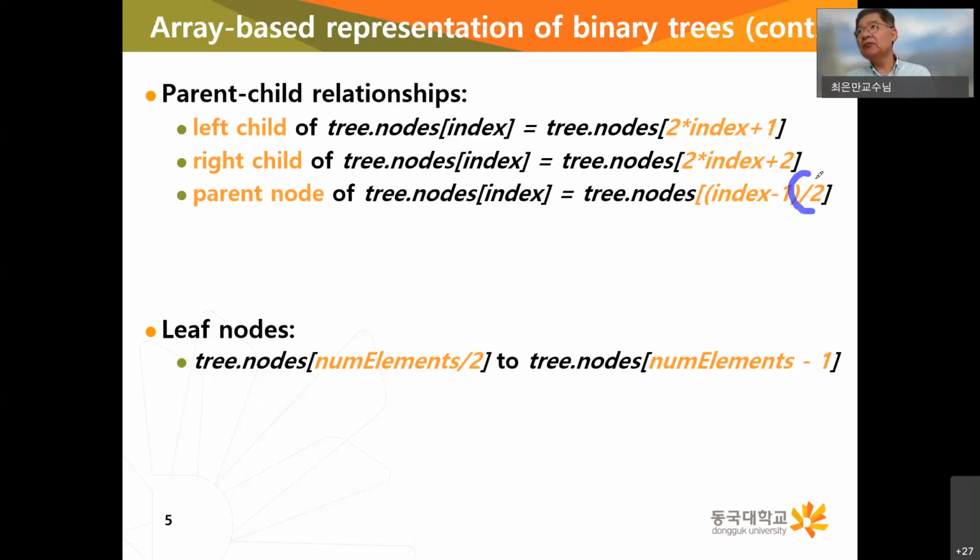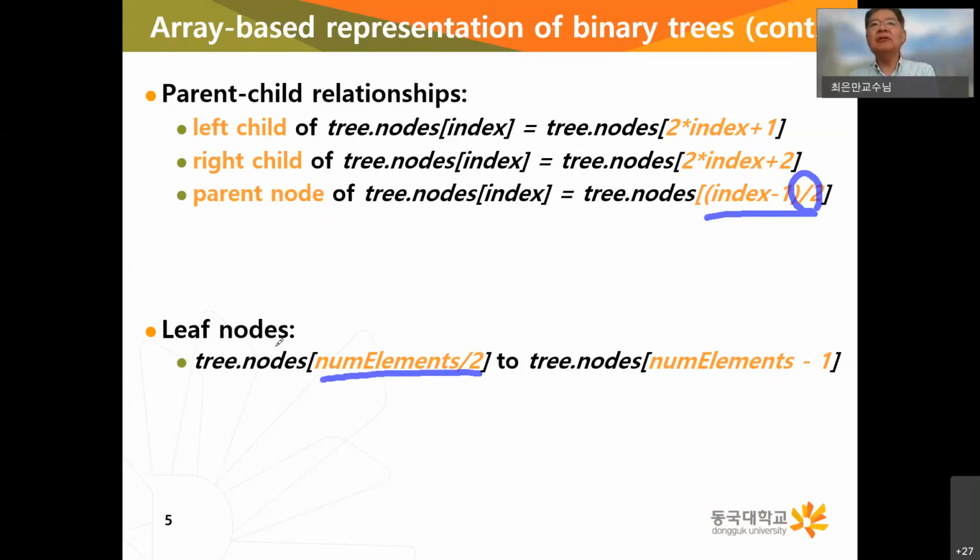You need to be careful. This one is integer division, okay? So this index should be an integer. Okay. And another one is number of elements divided by 2.